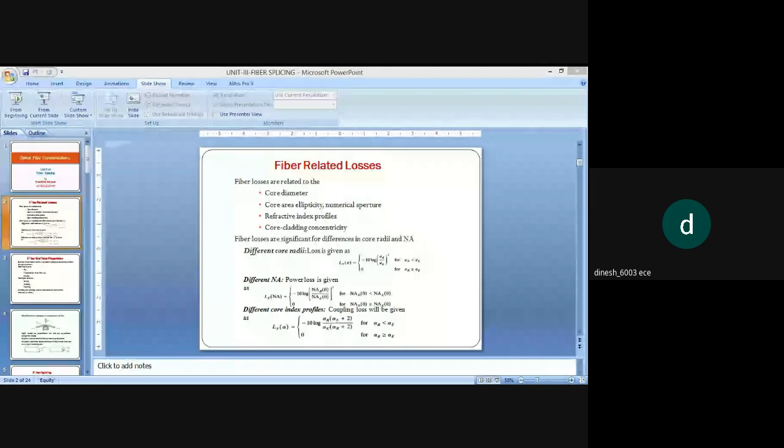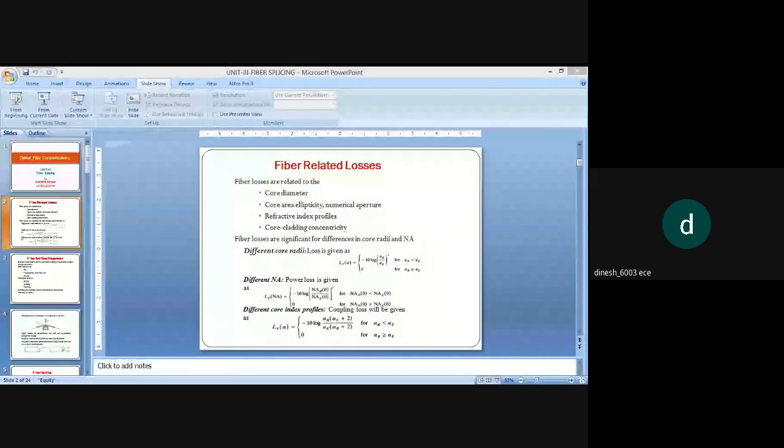If there are different numerical apertures, then the loss due to the numerical aperture is equal to minus 10 log of (NA_R divided by NA_E) the whole square, for NA_R less than NA_E. NA_R is the numerical aperture at the receiver and NA_E is the numerical aperture at the emitter. If NA_R is greater than or equal to NA_E, then the loss is 0.